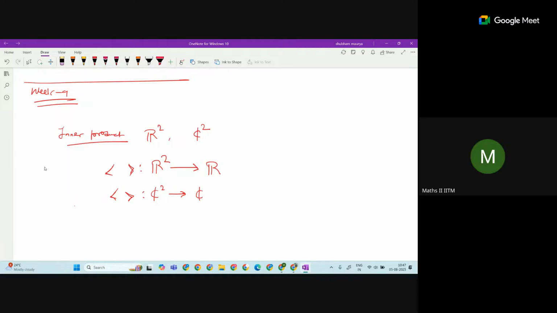Generally, in a two variable case, x is a variable, y is a variable. Let's say I'm writing x square plus y square. If you substitute 1 and 2, what is going to be the value? This is going to be 1 square plus 2 square, which is 5. This is the simple two variable function, which is from R2 to R also.